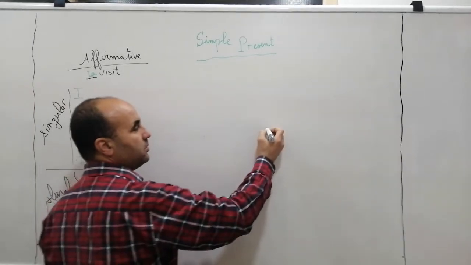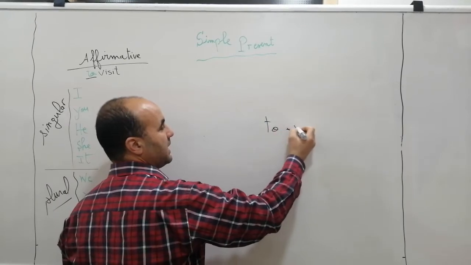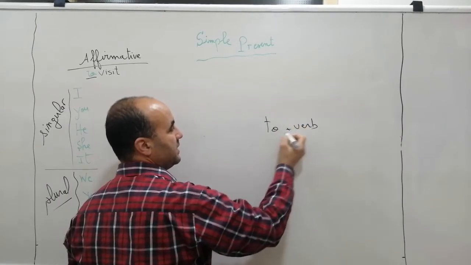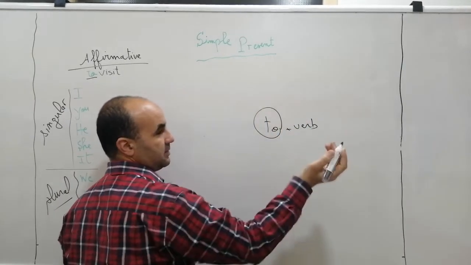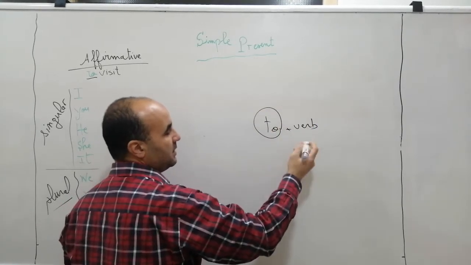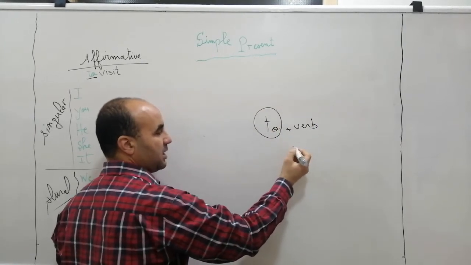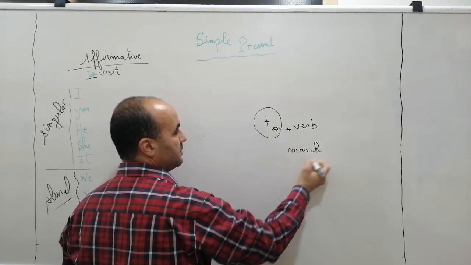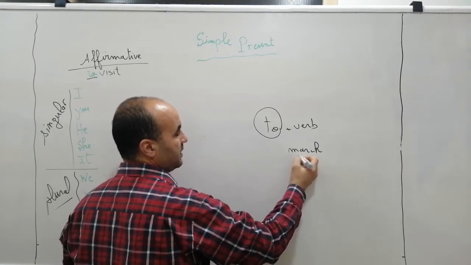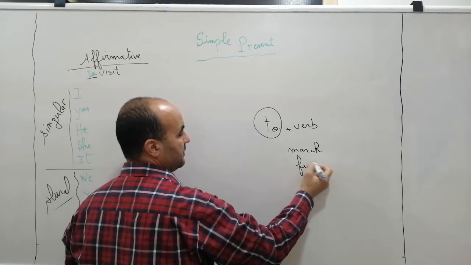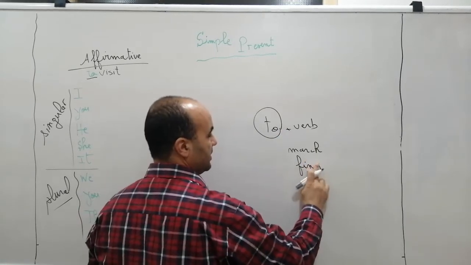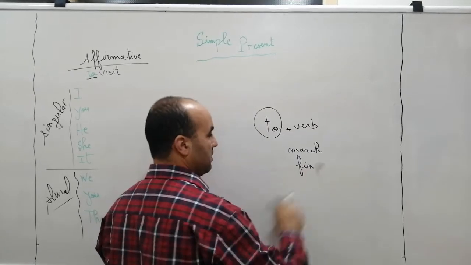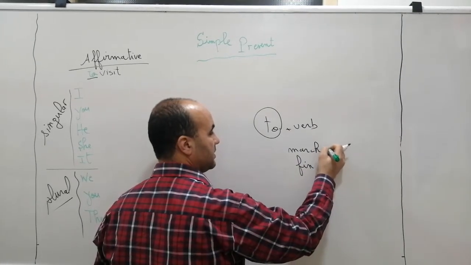For example, to plus verb. This is the infinitive. An example. For example, let's give an example by the French language. For example, marcher, for example, finir in French. Okay?